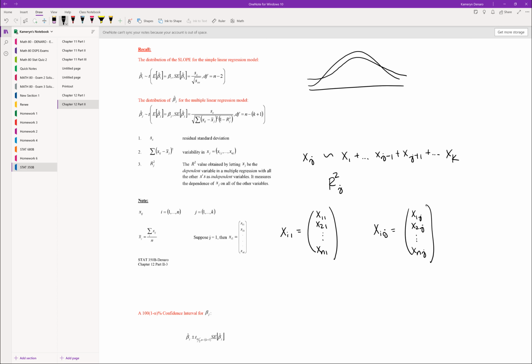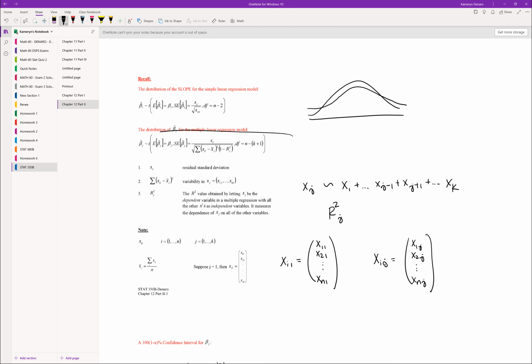Okay, so from there, we should have all the pieces, because remember, once you have the distribution of some variable, we can calculate confidence intervals and we can do hypothesis tests. So at the end of the day, we have a particular value of beta hat j, but what is a reasonable confidence interval for beta j given what I saw with beta hat j?